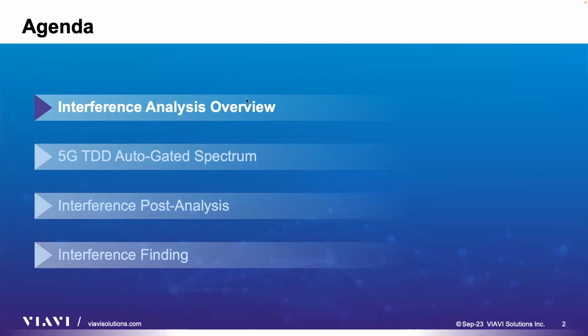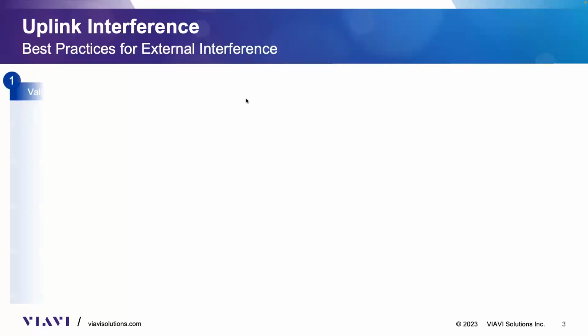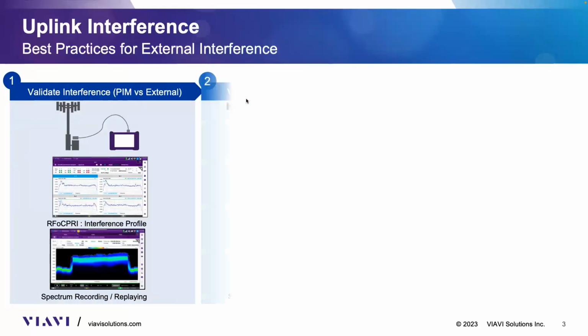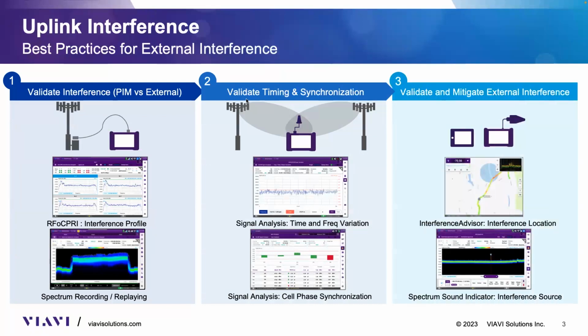So let's go into the three main categories that we have for interference, and this is, I would say, probably more applicable to 5G TDD, because in time division duplex, synchronization and timing are key. They're really important.